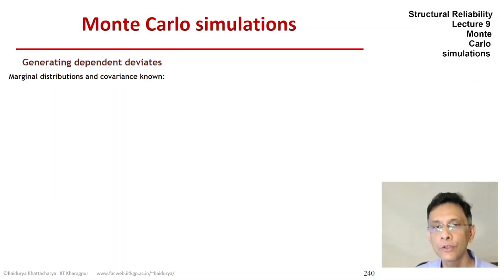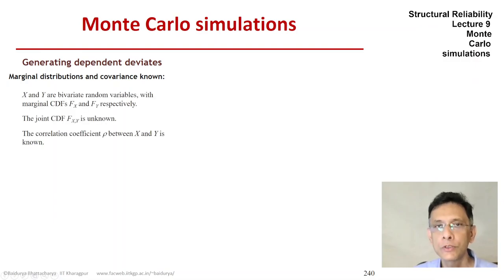And for that, we actually go back to generating correlated normals. Let's state the problem in terms of two random variables, X and Y. So we know their marginal CDFs, F_X and F_Y, but what we don't know is the joint CDF or, equivalently, the conditional CDF, X given Y or Y given X. So we can't use what we did before in the wave height and wave period example.